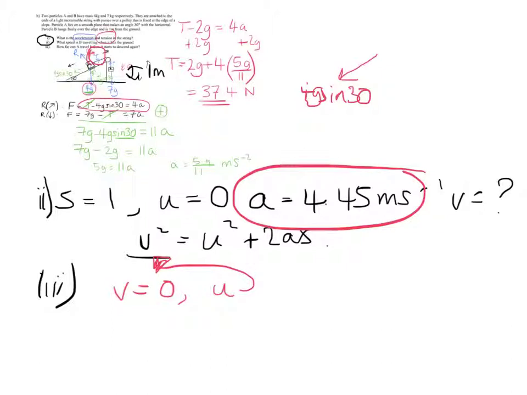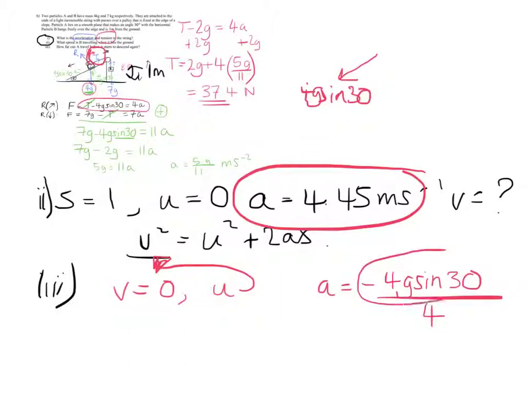So now our new acceleration will be minus 4g sine 30 divided by 4. That's using F equals ma, because this bit I'm circling is F, and that will be equal to 4a, and then we just divide by 4. So this is our acceleration. Our U is whatever we found here, and we are looking for how far it goes. S equals question mark.